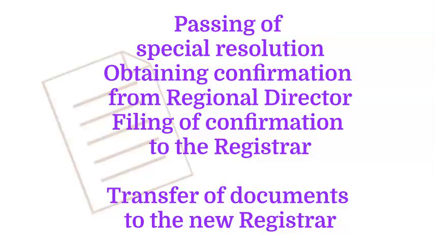And on the receipt of confirmation, the registrar shall register the change and issue a certificate within 30 days from the date of filing the confirmation. The previous registrar shall transfer all the documents and papers to the new registrar.